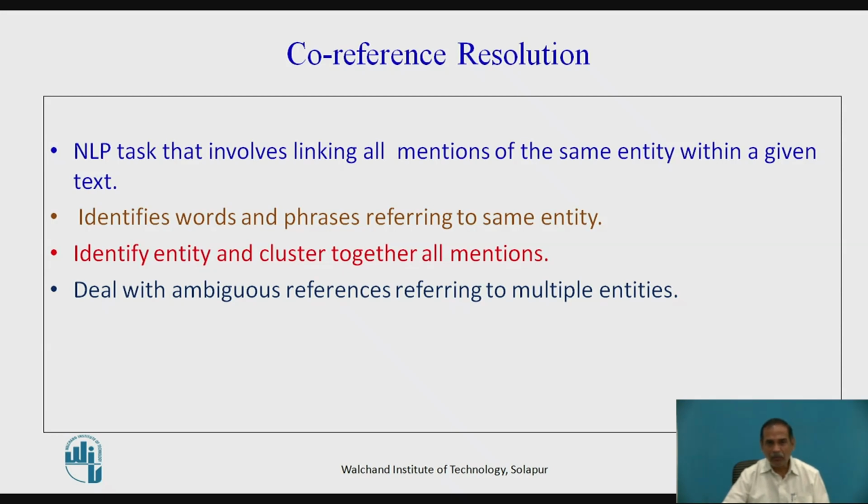We identify words and phrases which refer to the same entity. Once we know the use of this particular entity and its similarities, we form a cluster together with all the mentions of this particular entity. We deal with ambiguous references referring to multiple entities.